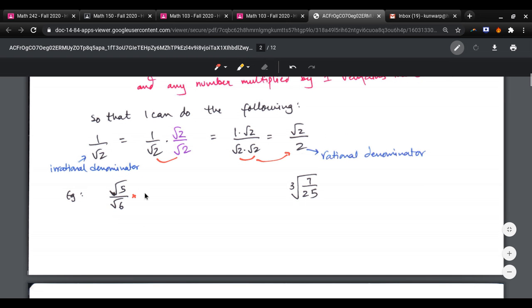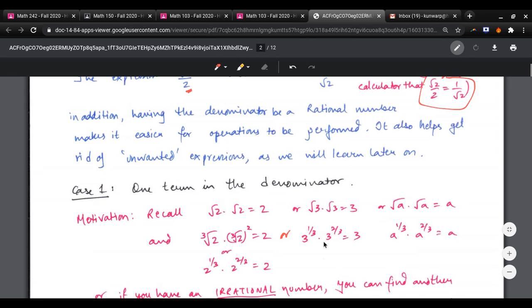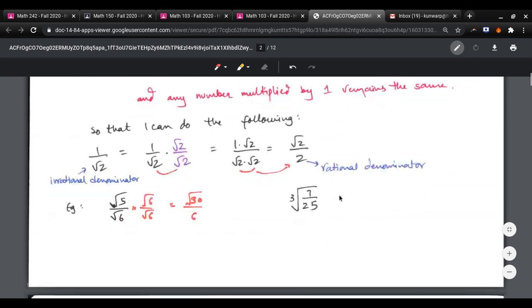So here, I'm going to get rid of square root of 6 or make it rational. So I multiply by square root of 6 and I get square root of 30 over 6. Now for cube root, we're going to go back up here and see that for cube roots, we have to multiply by 2/3 to make them into a rational number. So that's cube root of 7 divided by cube root of 25.